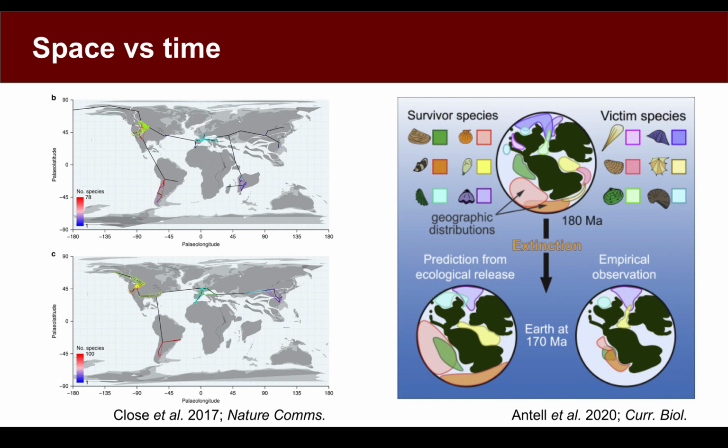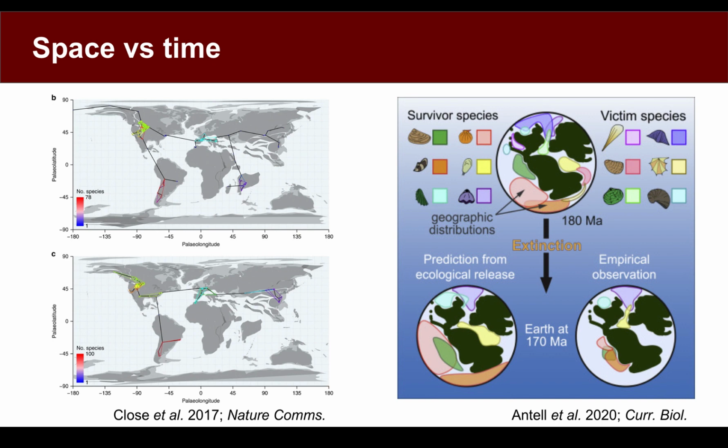So the minimum spanning tree here is an attempt to account for that, but I think more broadly, Close et al. would say that global diversity estimates aren't something we can really aspire to. Instead, we have to think about regional diversity, because the spatial component is too important to ignore in our data, and we can't sample uniformly in space and time, unfortunately.